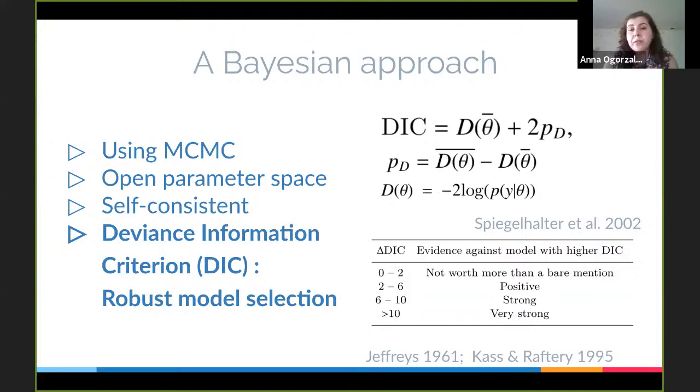And if we wanted to use lower delta DICs, we would need to perform tailored simulations to test if there indeed is enough evidence to choose between models. And thankfully, the data we look at are so deep and rich in information that we did not need to do that really. Okay, so now let's apply this analysis framework in practice to really understand what wealth of information it can provide.